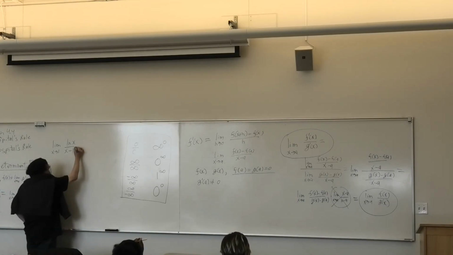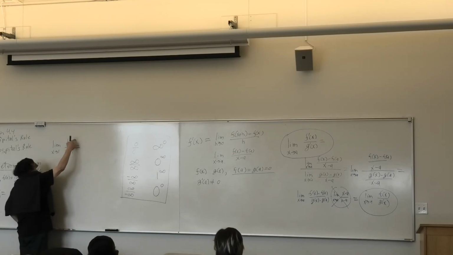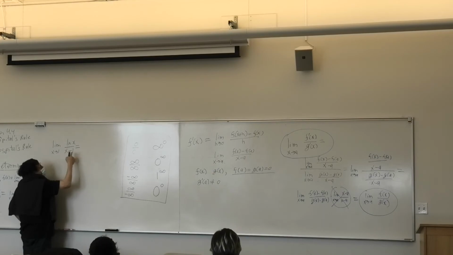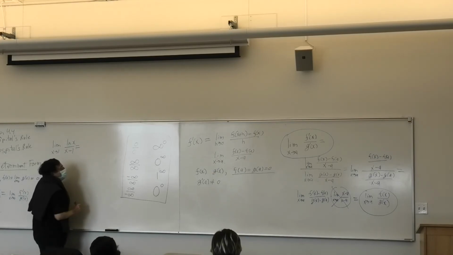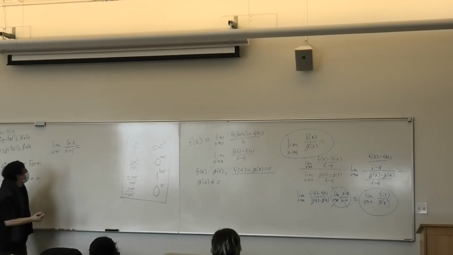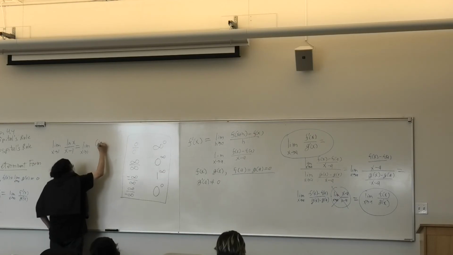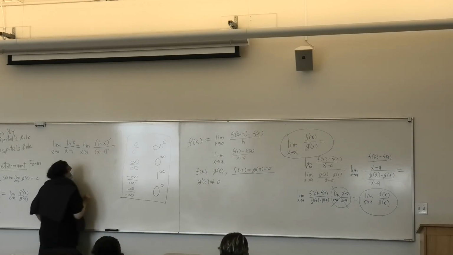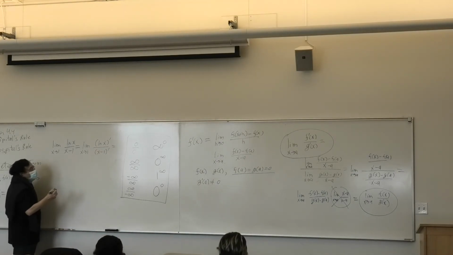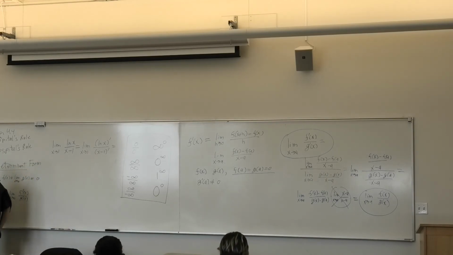But L'Hopital's rule says, since log of 1 is 0, and 1 minus 1 is 0, this is going to 0 over 0 in indeterminate form. And this is going to be equal to the limit as x approaches 1 of the derivative of the log of x over the derivative of x minus 1, which is what? Derivative of the log of x.